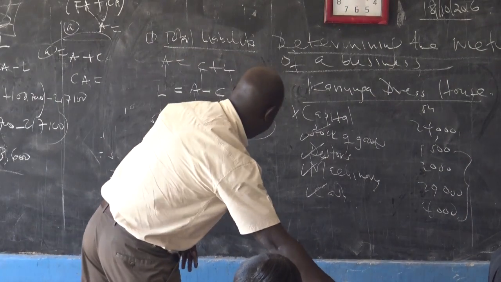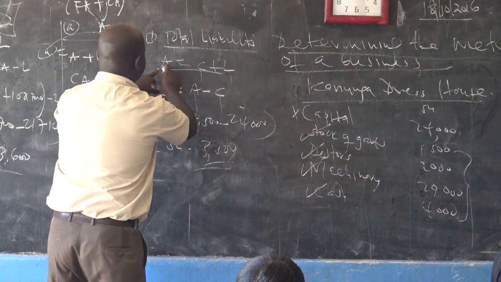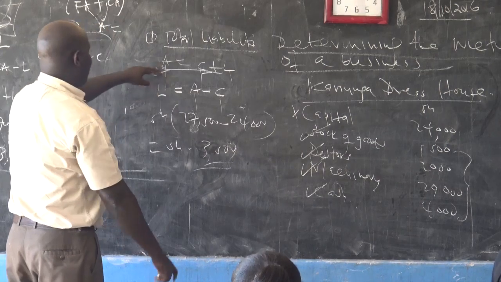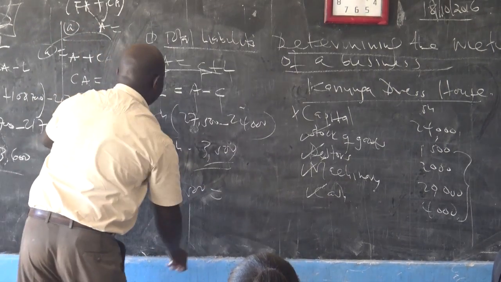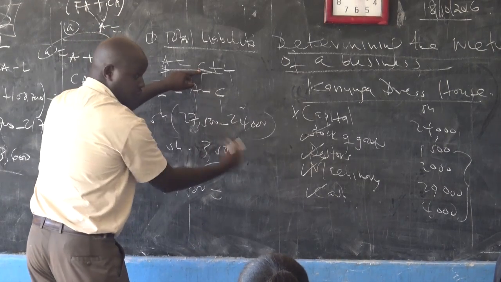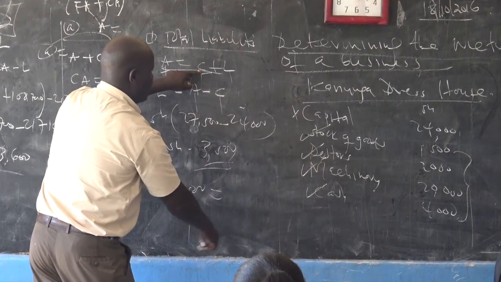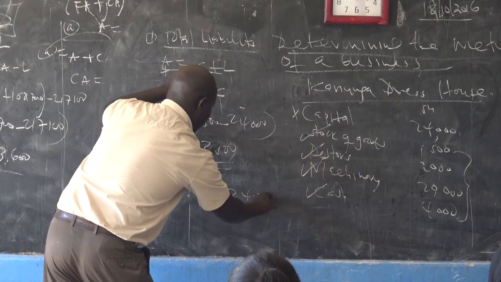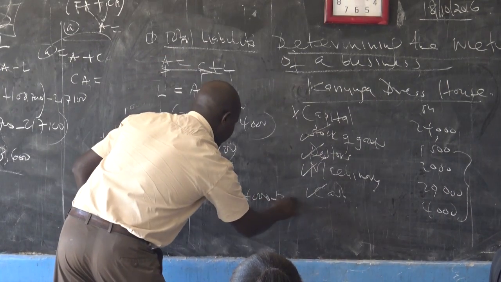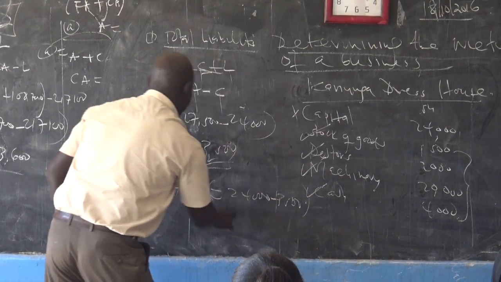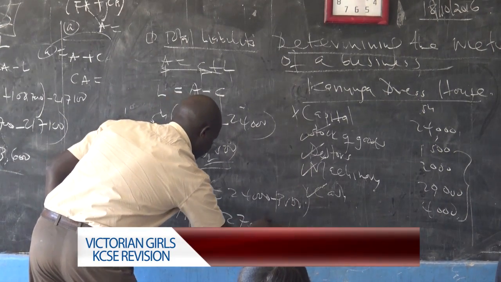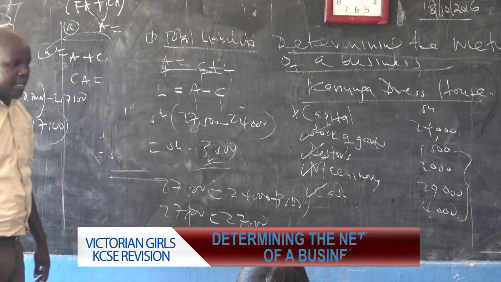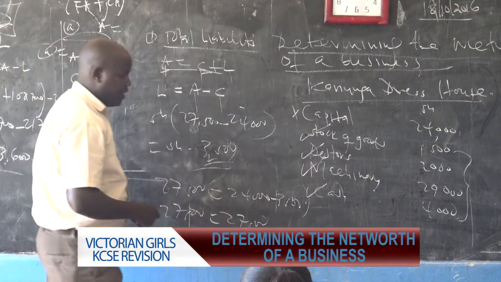You can say A equals C plus L. So our assets are 27,500, equal to C, which is 24,000, plus 3,500. You get 27,500. That's how you prove it.